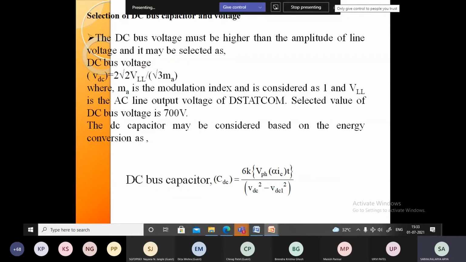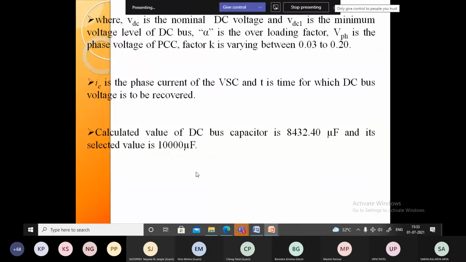So maybe you can take not more than 3 to 5%. Here T is the time required to recover the DC bus during dynamic conditions, I is the phase current of the VSC, and T is the time for which the DC bus voltage is to be recovered.